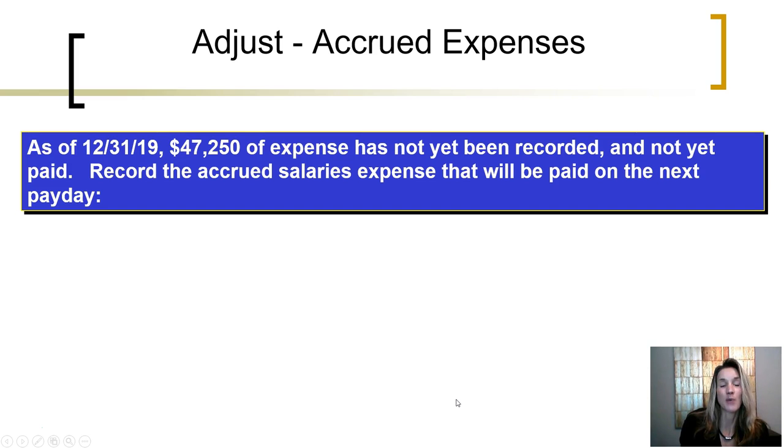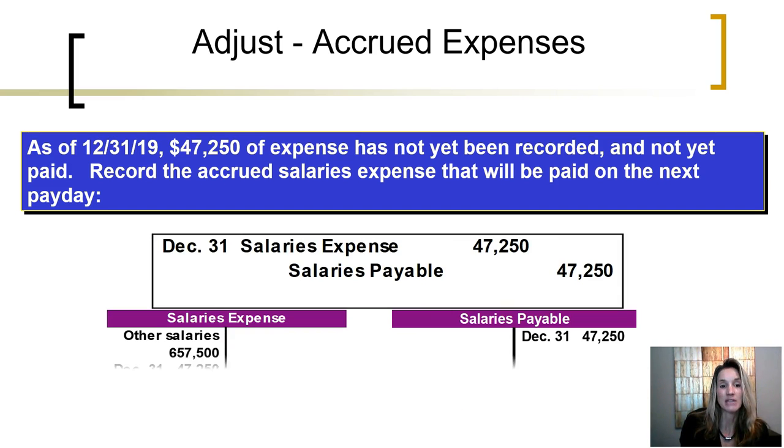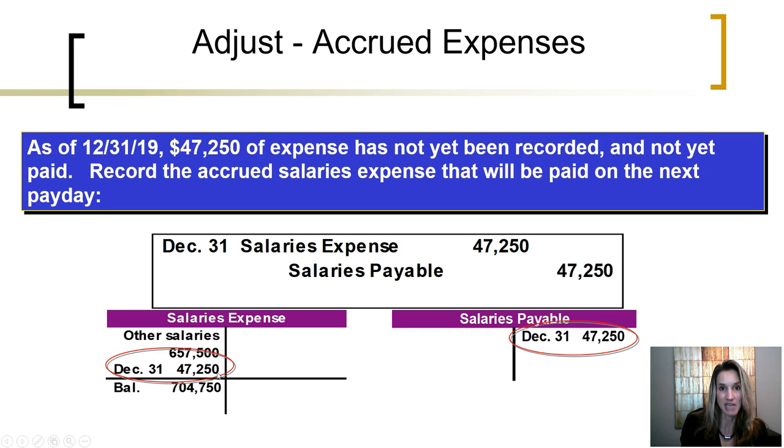The journal entry that we will need to record will be a debit to salaries expense, increasing the expense to reflect the 3 last days of the current year, bringing salary expense to total all salary expense incurred during the year, and we are recording a liability.